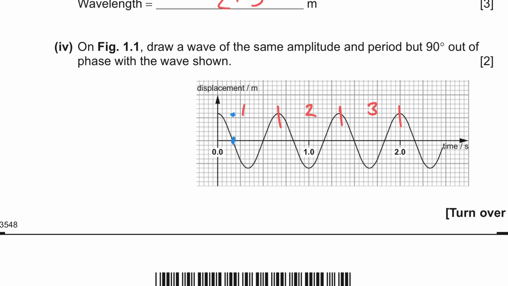So if I plot several points that are 90 degrees behind, then I should be able to just draw through those points. Here goes. Something like that.